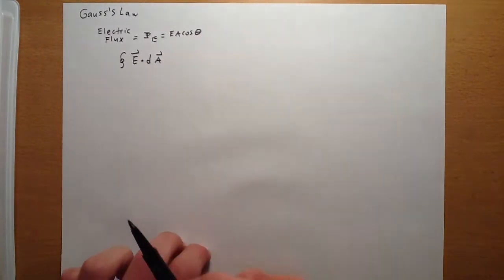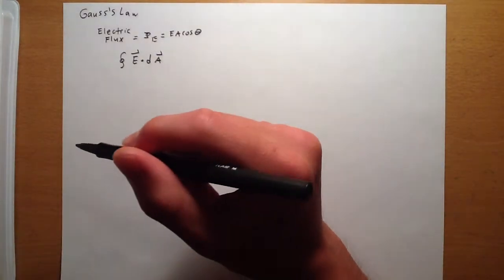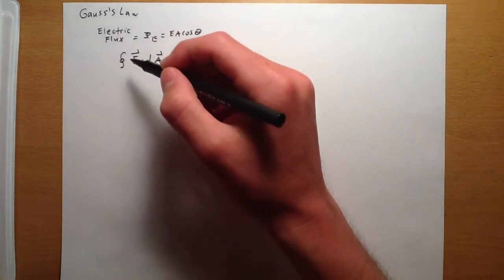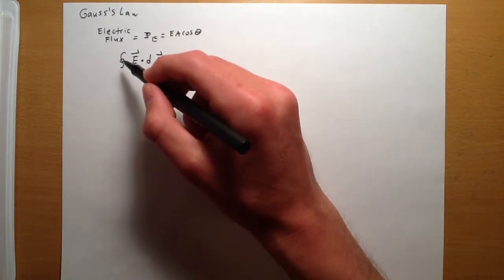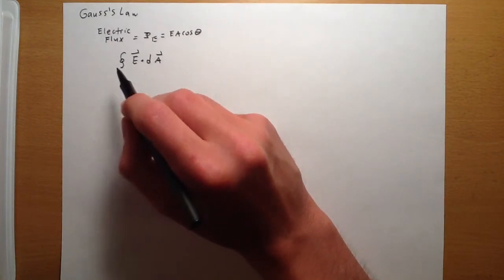And this funny looking circle right here is like the bounds of the object, and represents applying this equation over the entire surface of an object.